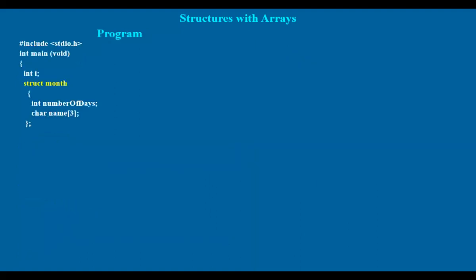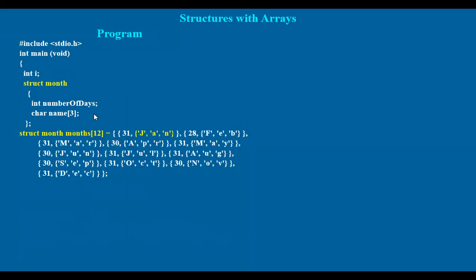Let's take another example here, right? Number of days. Suppose we take a year. In a year, we want to display the number of days and the name of the month. Let us see how. Here, first a structure is defined, that is a structure named month, and months[12].